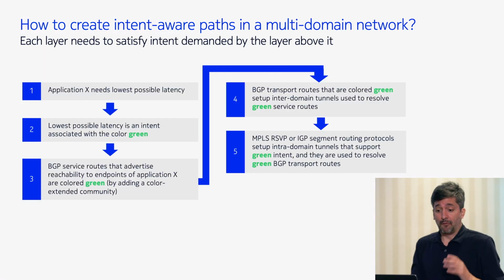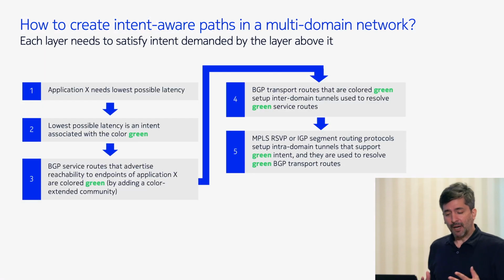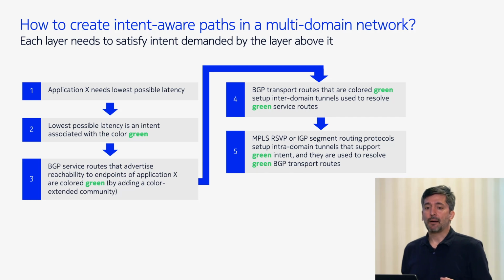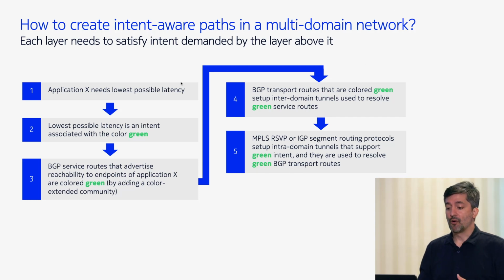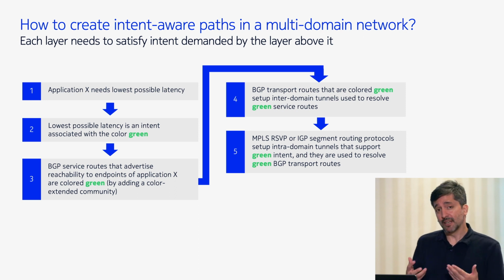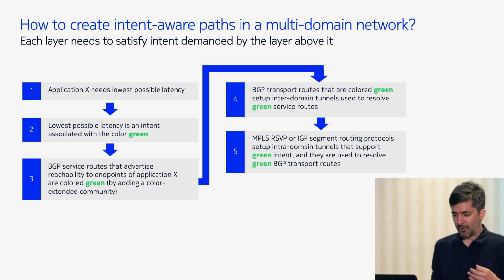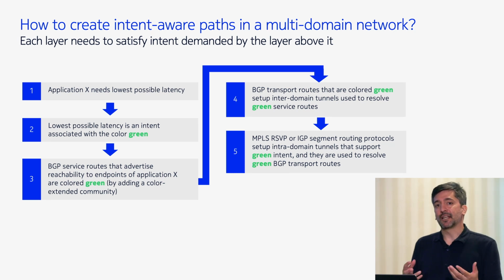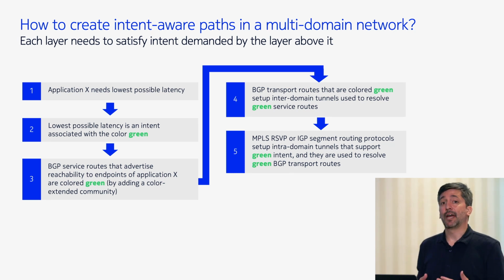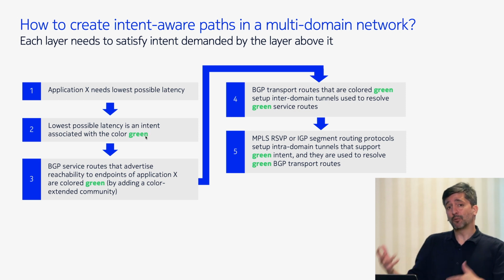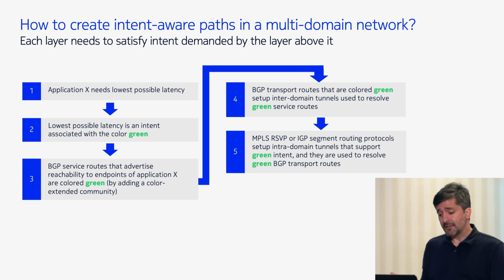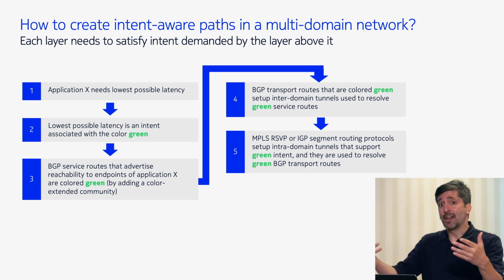So a few things: how to create intent-aware paths. In this case, basically an application signals that it needs the path with the lowest delay possible. Then the lowest delay is signaled as an intent and gets assigned a color, green, for example, as we have here in the slides. And then BGP service routes that are associated to these services are marked with a color community that carries a numerical value that represents color green.